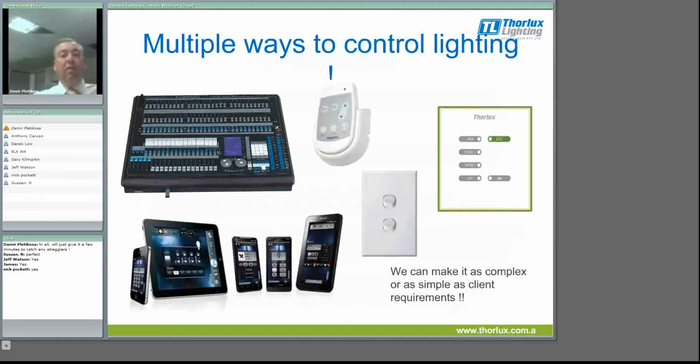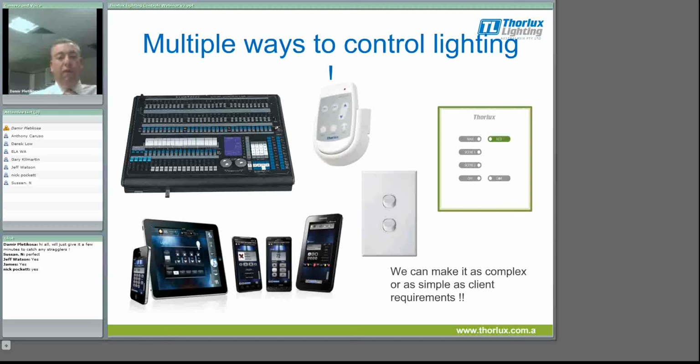Now, as we've discussed, there are multiple ways to control lighting, everything from a simple switch to handheld remotes to iPads, iPhones, scene setting, right the way through to very complex colour change, dimming LED systems.